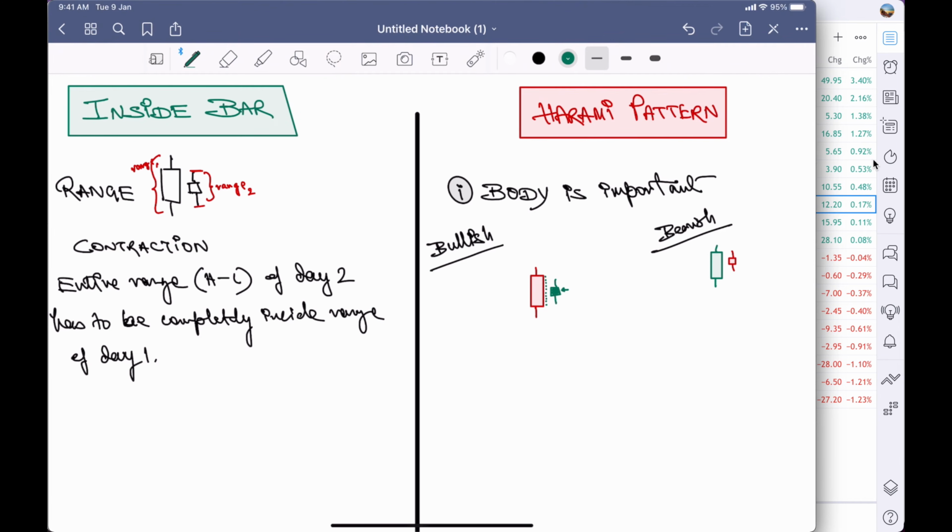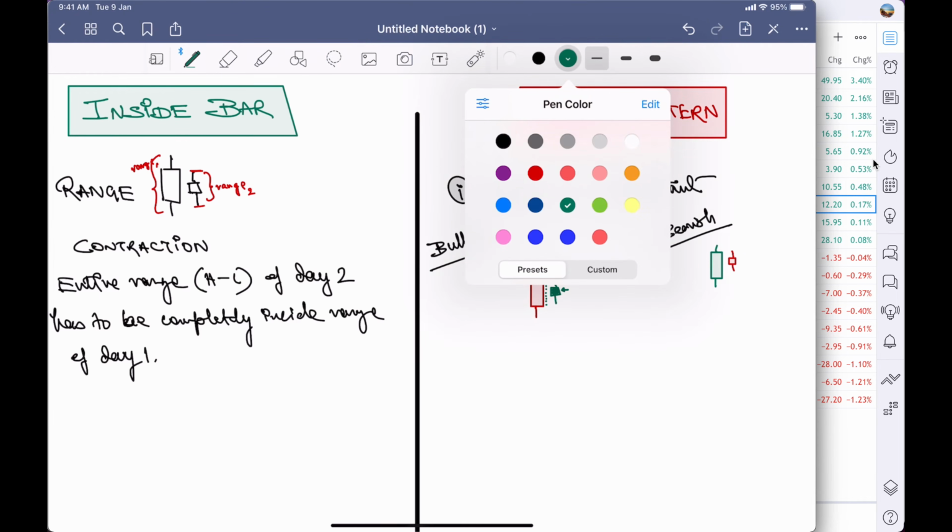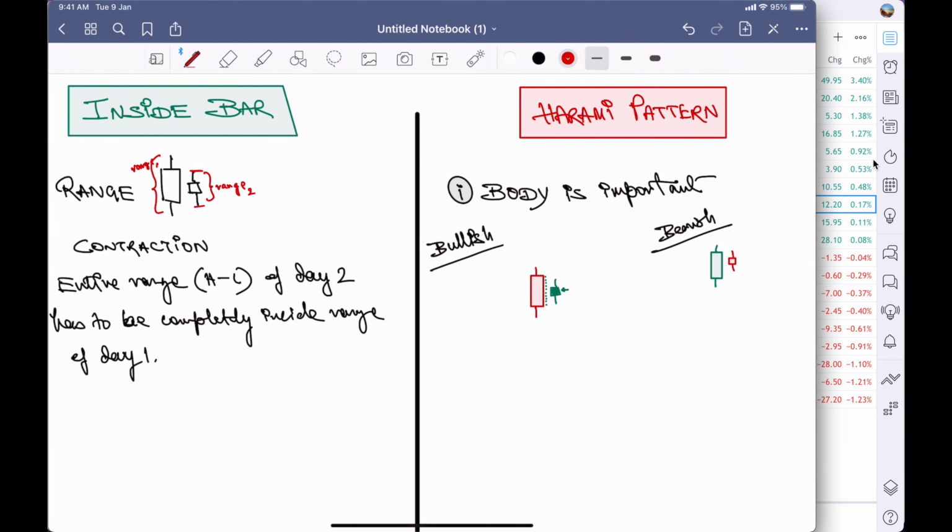And then in the bullish and the bearish Harami pattern, the positioning is also critical. When I talk about the positioning, the bullish Harami has to always come after a short-term downtrend. That is, the market has to go through a short-term correction. And when you talk about the bearish Harami pattern, the stock has to go through a short-term uptrend.